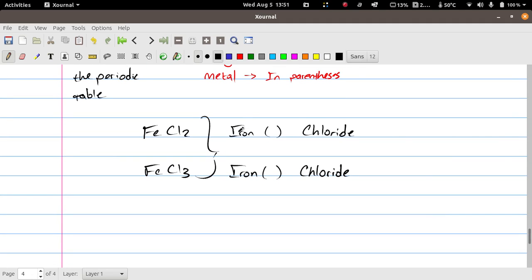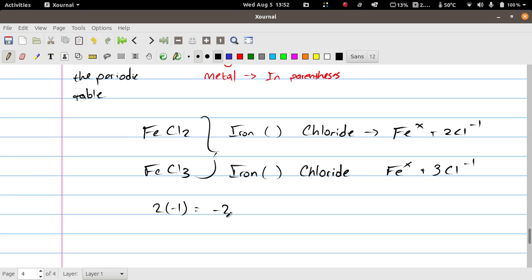The way I would do it is if I was writing Fe(x+) 2Cl(-1), and then I have Fe(x+) 3Cl(-1). So 2 times -1 equals -2.